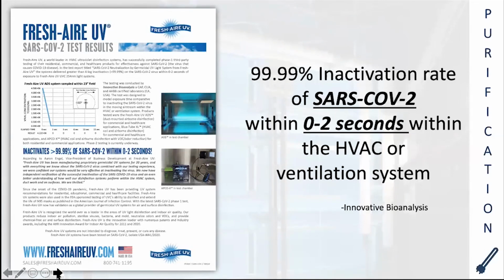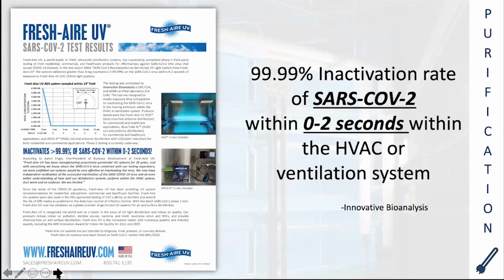Now, what's really important to understand is that there is no one solution that is needed to improve our indoor air quality and protect us from airborne microbes. It's a combination of these things that will provide a much safer environment for our occupants, for our students, for our teachers, our faculty, our employees, and our families.